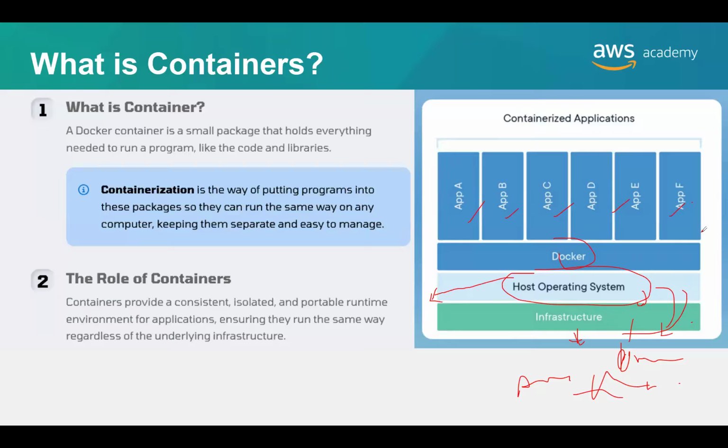So these applications will be on top of Docker. What is the role of a container? Mainly it provides consistency. It's like in a mobile, where inside it you have multiple applications, and one should not disturb the others.